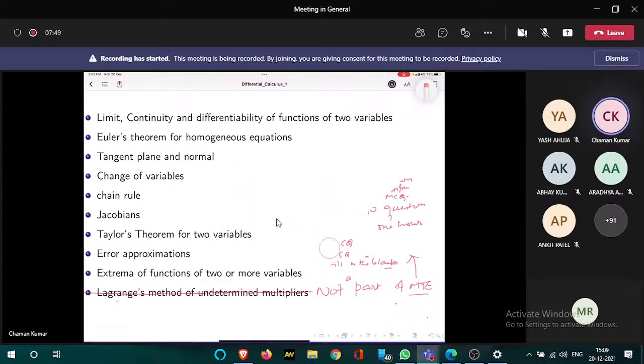So on the Moodle platform, we will have a mock test. You must appear for this mock test so that you get familiarized with the Moodle platform if you have not already seen it.